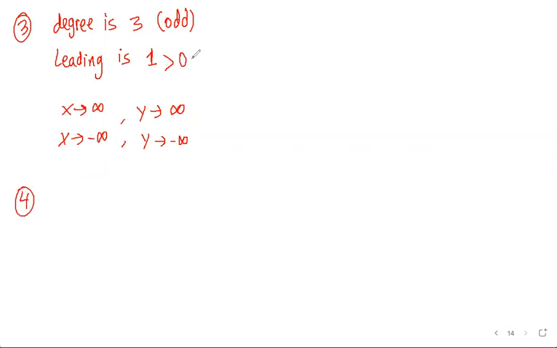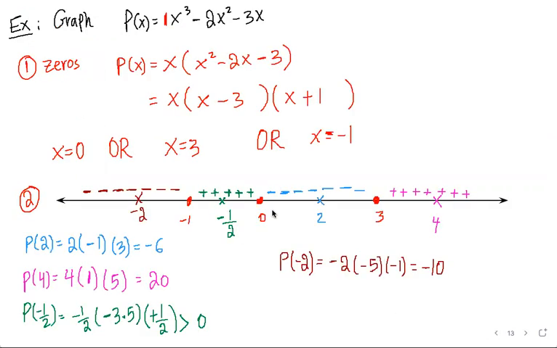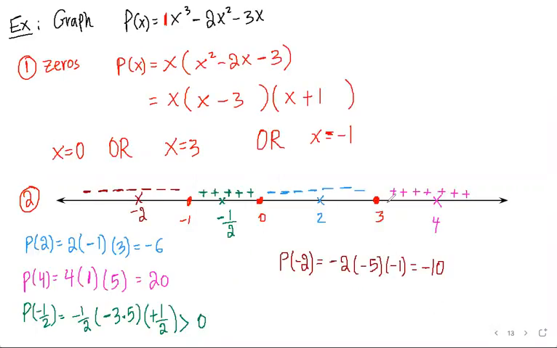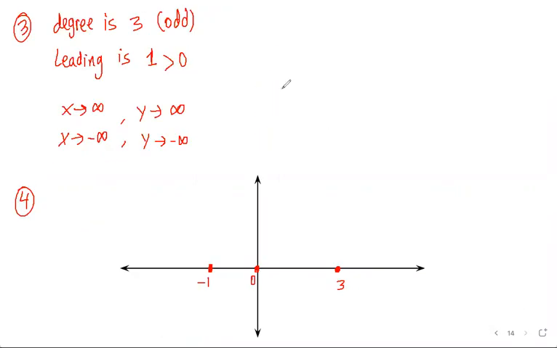Now graphing. So to graph, the first step, we put the zeros. The zeros come from here: -1, 0, and 3. Now, greater than 3 is positive, above the x-axis.